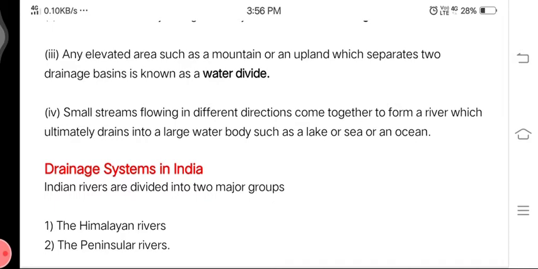Small streams flowing in different directions can come together to form a river which ultimately drains into a large water body such as a lake, sea or ocean.